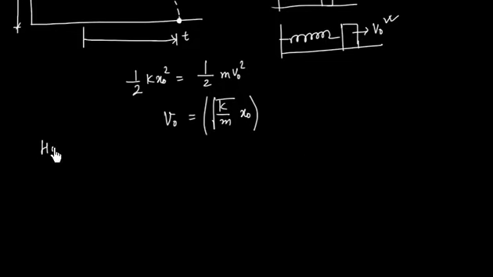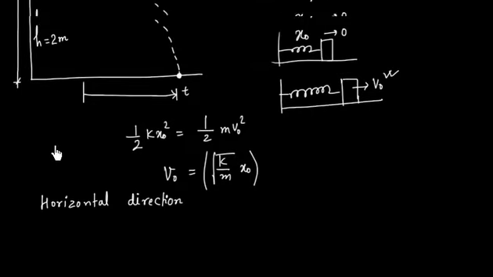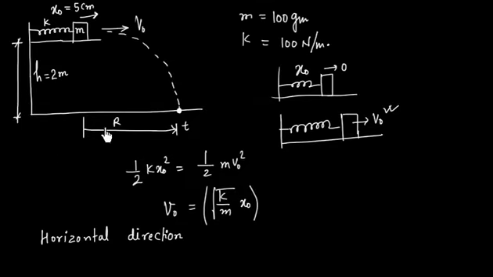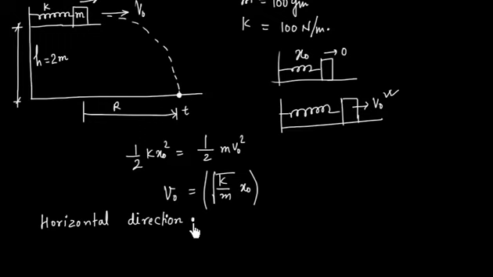So let us write the equation first in the horizontal direction. Let us say the block covers a distance of r in the horizontal direction. So we can write distance s is equal to ut plus half at square.